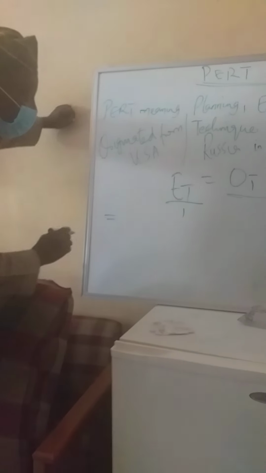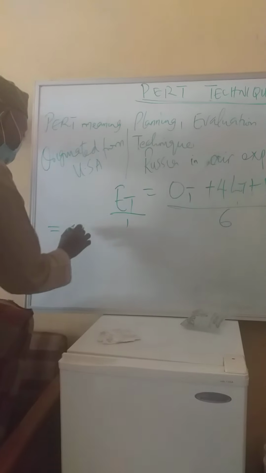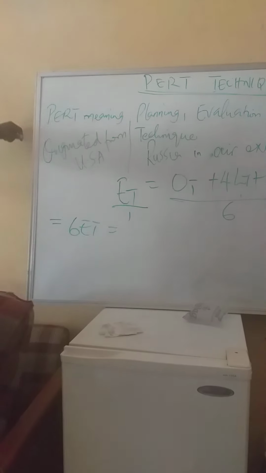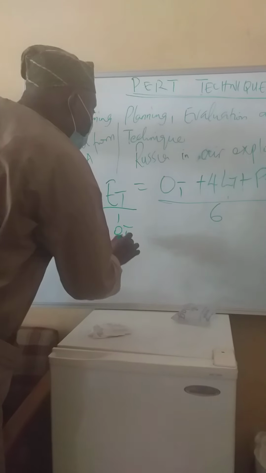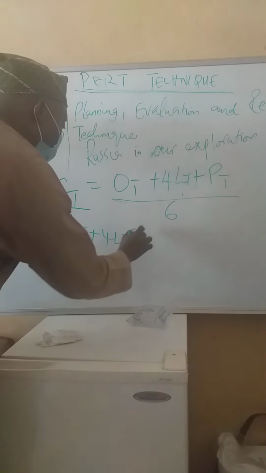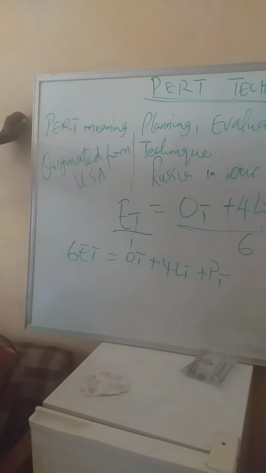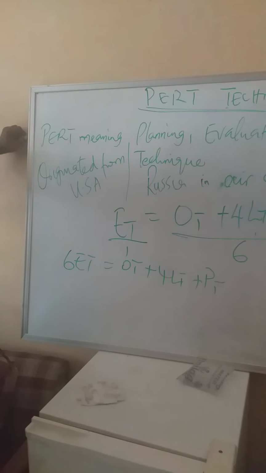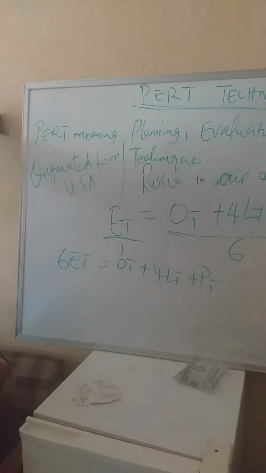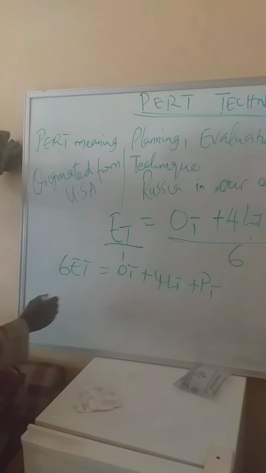You cross multiply to get 6 ET, then we have OT plus 4 LT plus PT. To isolate OT, we transfer 4 LT and PT away from OT so OT will stand on its own.